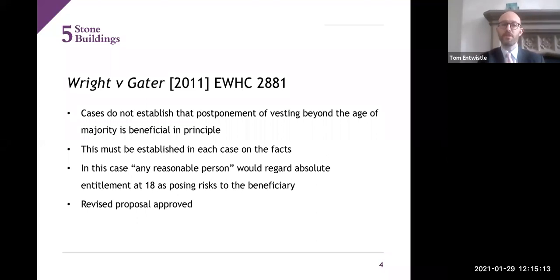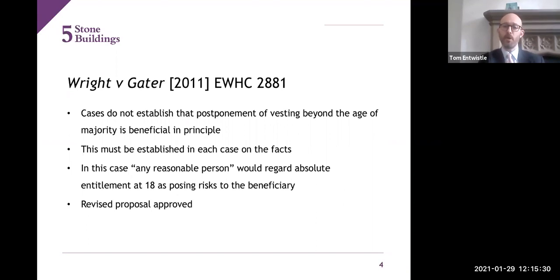And the judge said that this first aspect of the arrangement was entirely straightforward. More problematic was the second proposal, that the child's right to capital should be postponed to age 30 with a power to accumulate income until then.